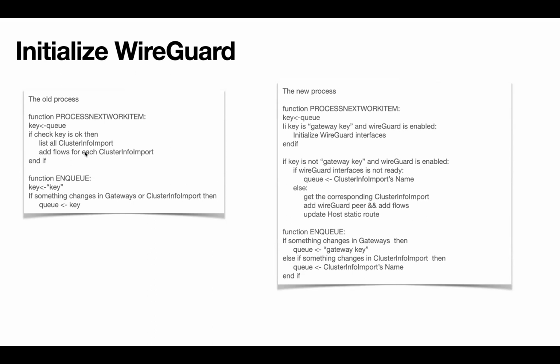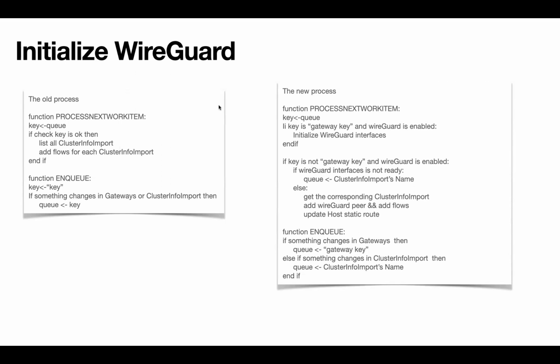I have mentioned before, one gateway means one cluster info import, and one cluster only has one gateway. So one cluster info import means one cluster. So we will list all the cluster info imports and add flows for them. It means that we will add flows for every member cluster.